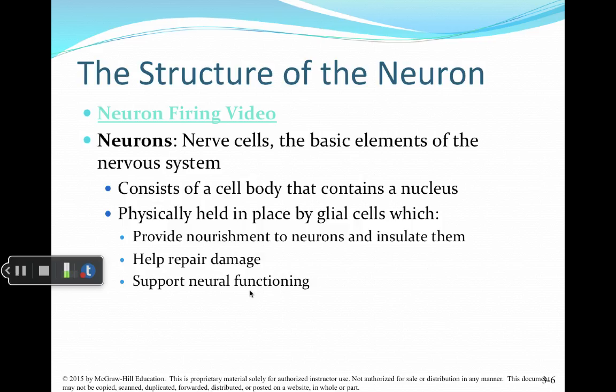And these glial cells provide nourishment, they insulate, they repair damage. And so what I'm going to do is show you a video in a moment that a scientist completed of neurons that he had magnified from his research. So you will see the video soon.